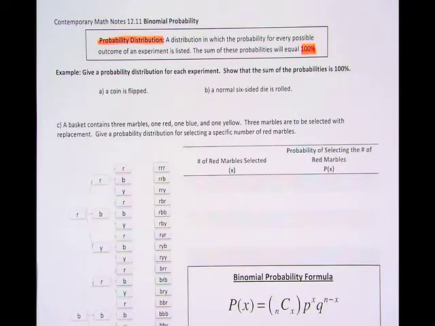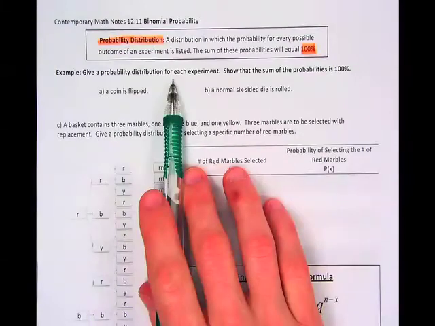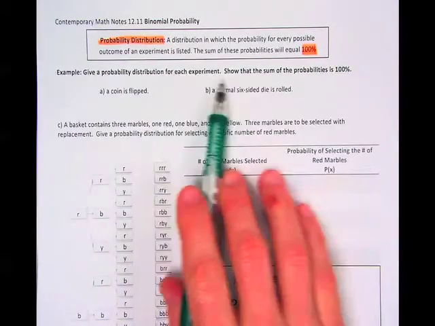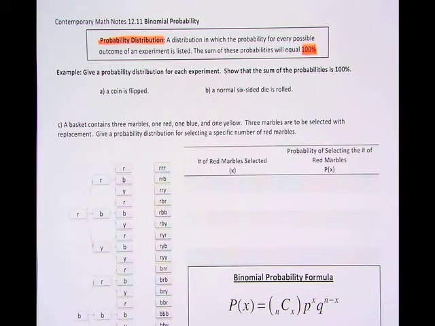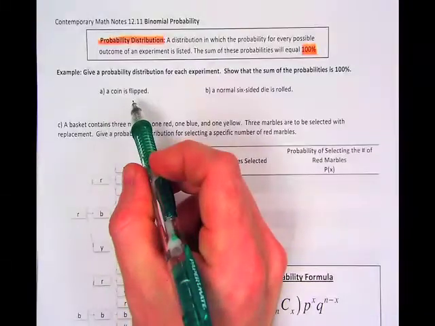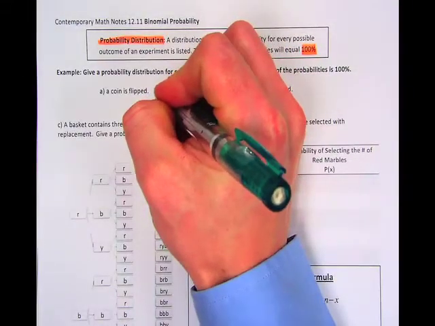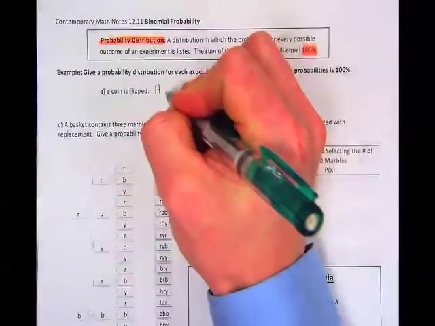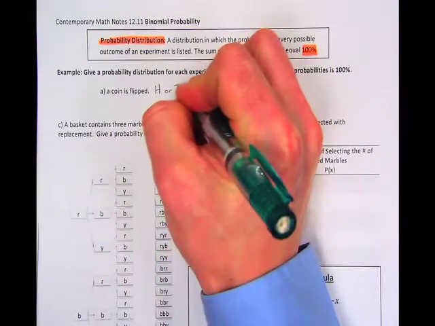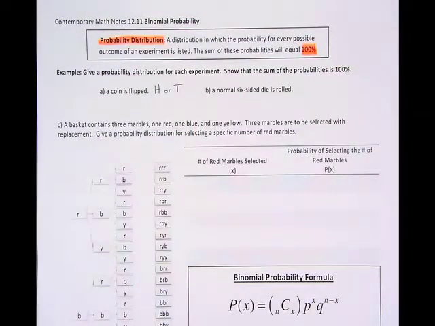It's basically almost like listing out the sample space, but instead we're listing out all the probabilities for a given experiment. So in our first example, it says give a probability distribution for each experiment. Show that the sum of the probabilities is 100%. Our first example is a coin that is flipped just one time, and so we have our two possibilities: heads or tails.